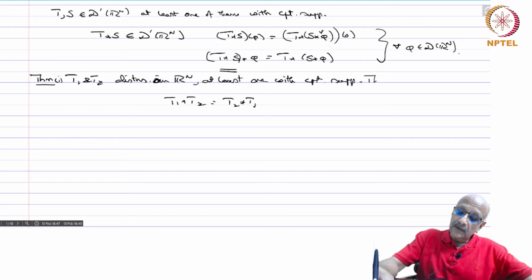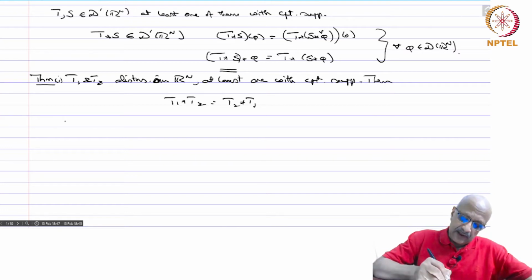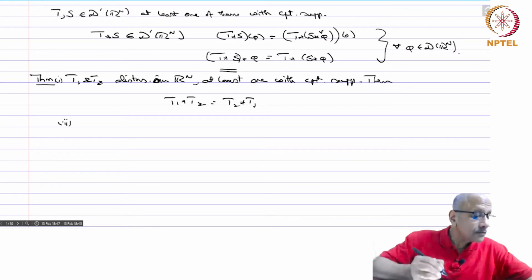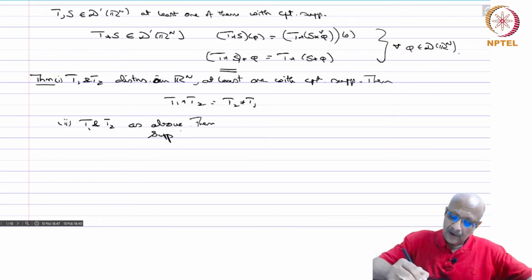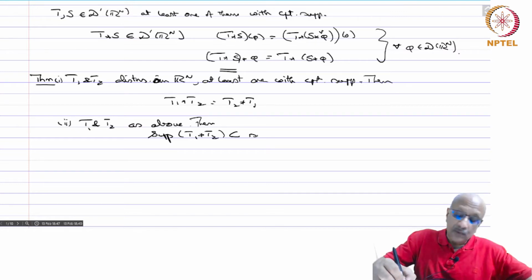So, then okay. The second one, T1 and T2 as above, then support of T1 star T2 is contained in support of T1 plus support of T2.